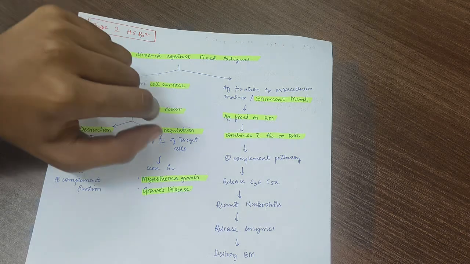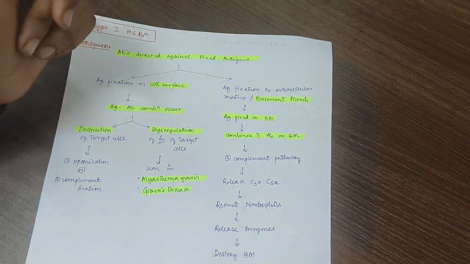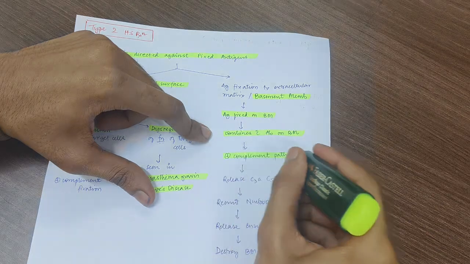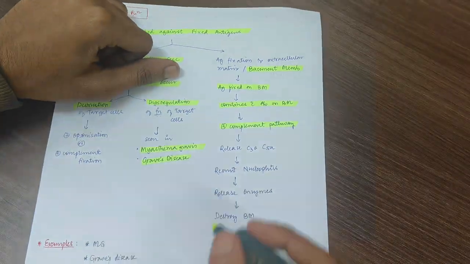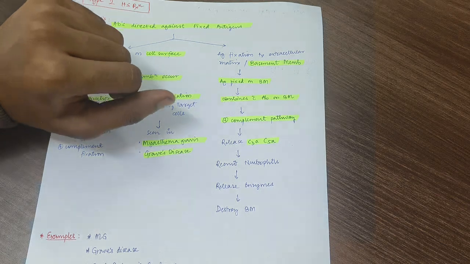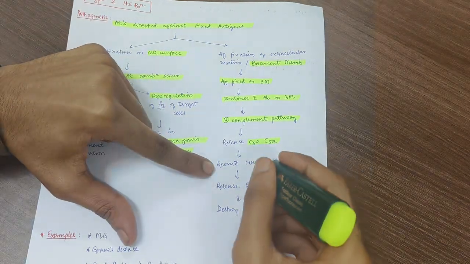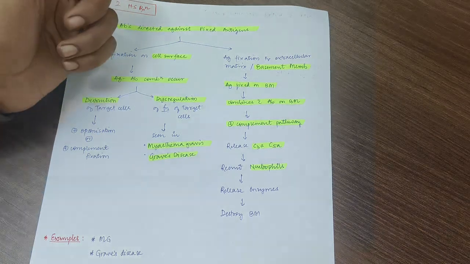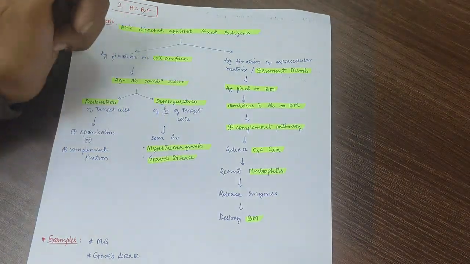What happens in basement membrane related antibody-antigen reaction? There is activation of the complement pathway. Once it is activated, you are going to see C3a and C5a, which recruit neutrophils. Once the neutrophils are recruited, they produce enzymes and destroy the basement membrane.